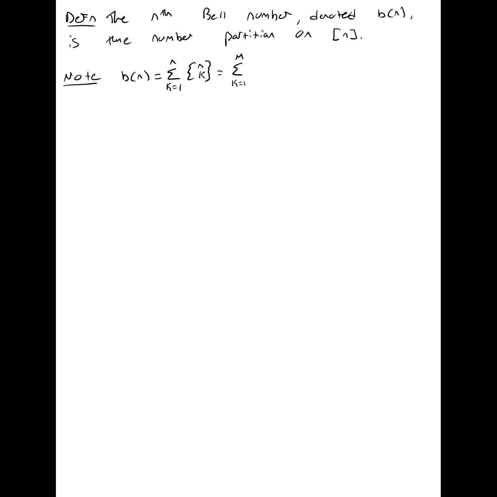So we can still range over k, but what I'm writing is we can sum from k up to any m as well, as long as m is greater than or equal to n.